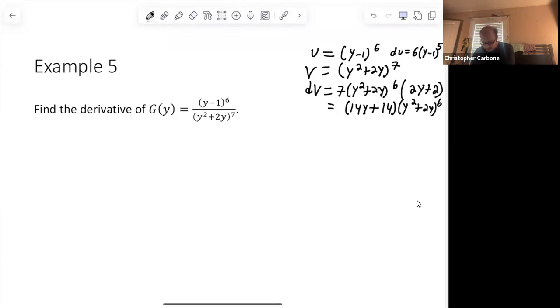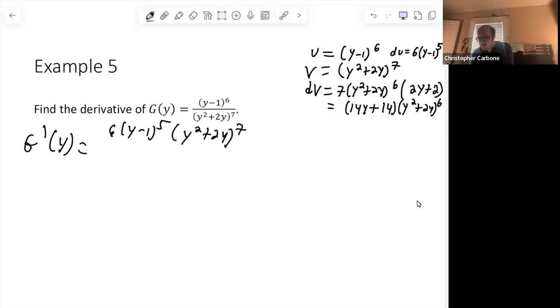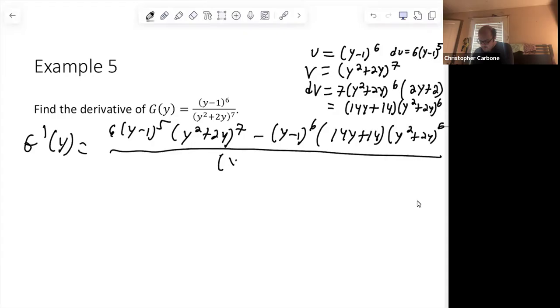All right, so popping this into our formula for the quotient rule is going to give us g prime of y is 6 times (y minus 1) to the 5th power times (y squared plus 2y) to the 7th, minus (y minus 1) to the 6th power times (14y plus 14) times (y squared plus 2y) to the 6th, all divided by (y squared plus 2y) to the 14th, to the 7 times 2, so 14.